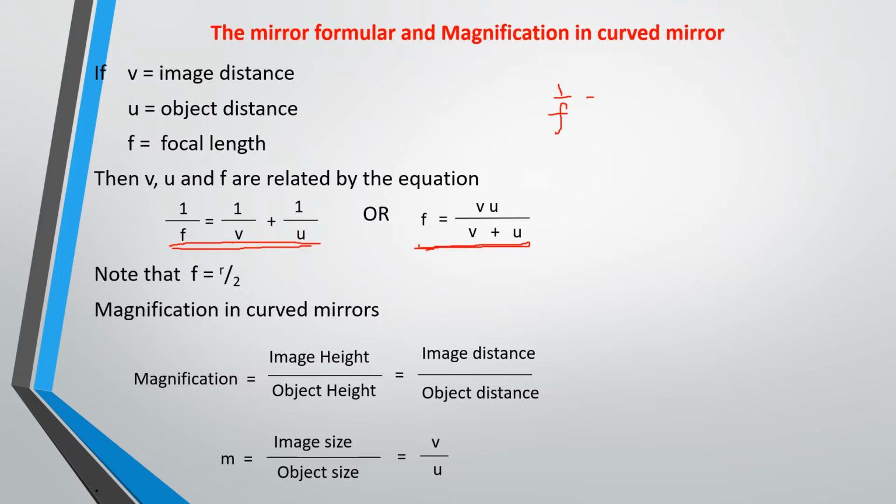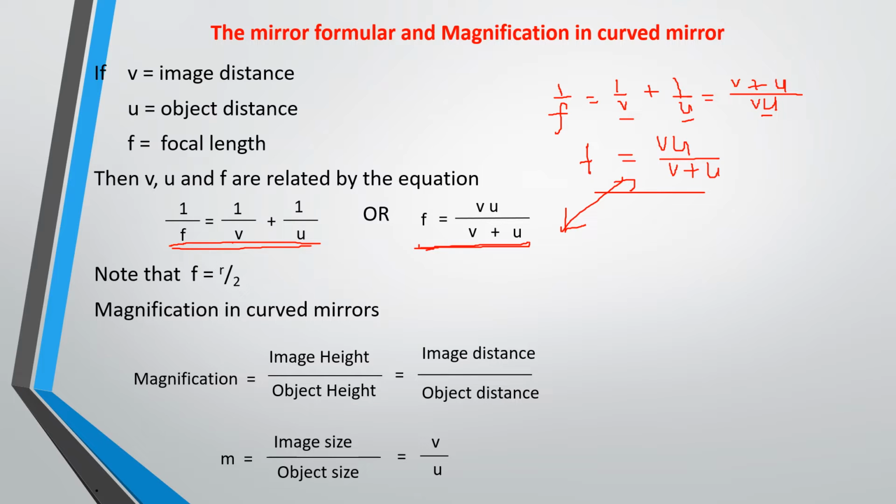Just find the LCM of 1 over V plus 1 over U. The LCM of 1 over V and 1 over U is VU. So if this goes into here, you have V, and this goes into this, you have U. So F will be equal to the inverse of that, which is VU all over V plus U. And that's just it.